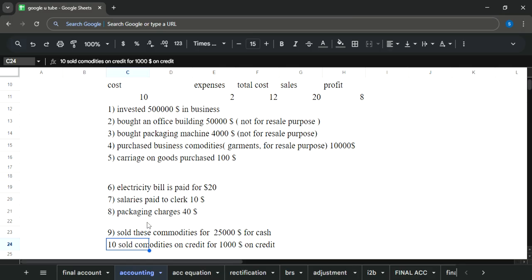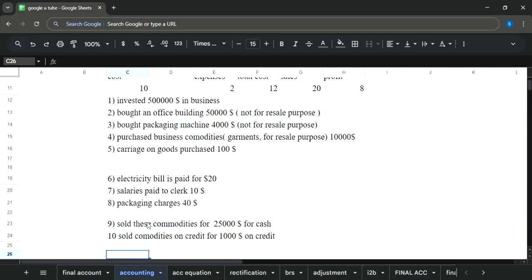In this business, how accounting would be helpful, how we can record these transactions under the principles of accounting, and how quickly we can calculate our profit or loss.